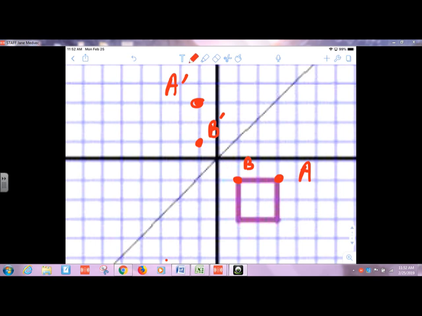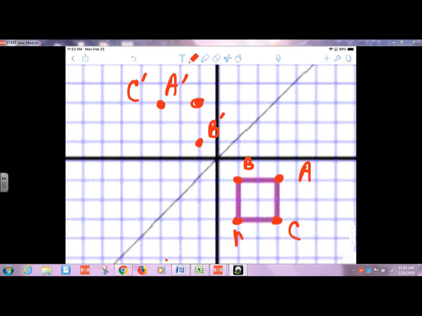Okay, then I take a look at this. We'll call this C, and if I go 1, 2, 3 away, I go 1, 2, 3 away. This ends up being my C prime. And then finally, I'm going to take a look at this point.